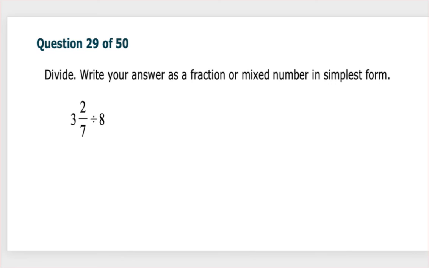29. Divide. Write your answer as a fraction or a mixed number in simplest form. Okay, so we're going to 3 and 2/7. 3 times 7 is 21, plus 2 is 23 sevenths.